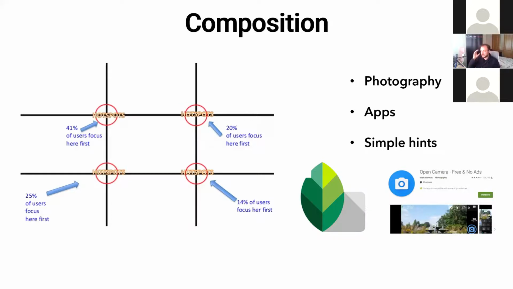So if you're taking a photograph or a video that you want to put on social media, the thing that you are filming or taking a photo of, be it a product, be it a person, be it a building, you want to try and put the main thing or a bit of text that you want them to see in these two spots, because statistically they will see that first.